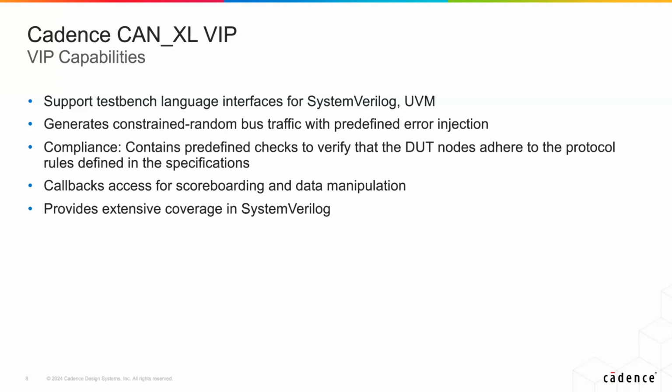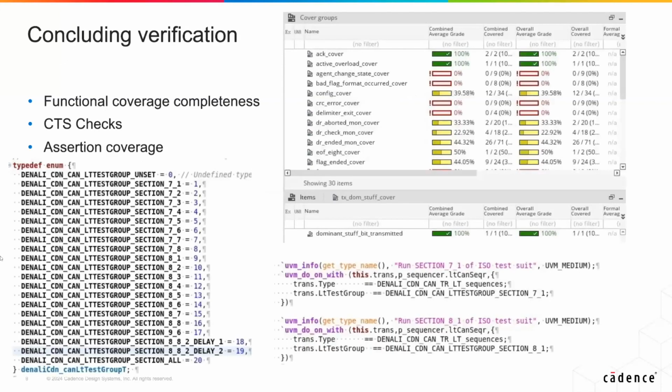We also provide you with out-of-the-box coverage that is built in SystemVerilog. So you could use our coverage as a deciding factor if the testing is sufficient or more testing is needed. Finally, concluding the verification: how would you say, okay, I'm done, I've concluded my verification?